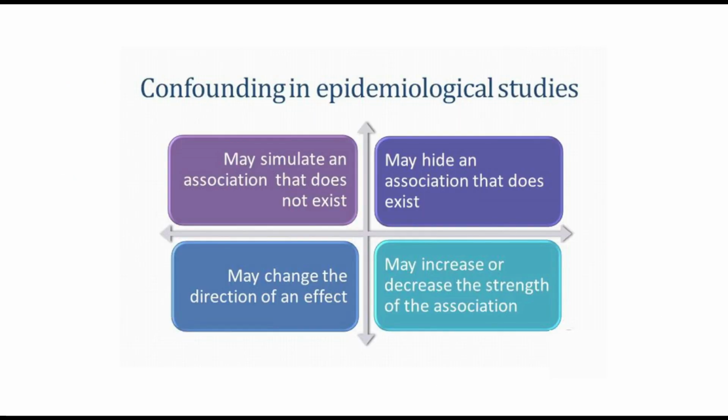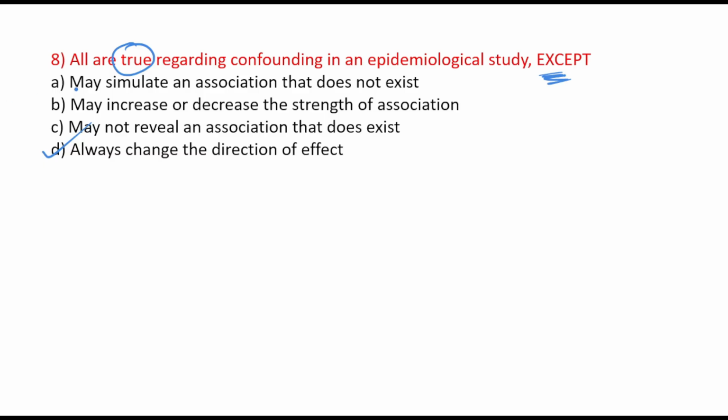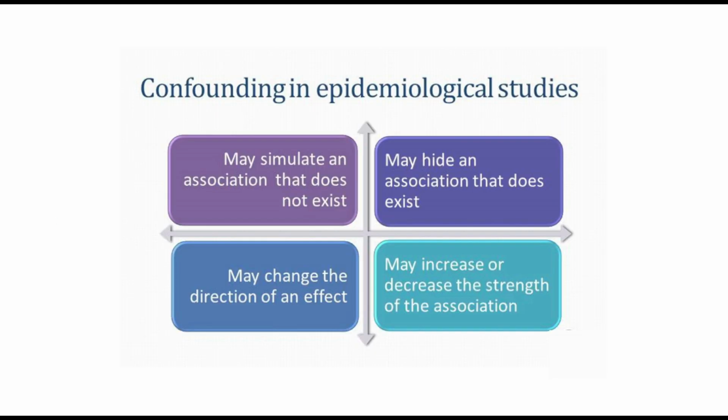See this information over here. This chart has to be kept in your mind. This is regarding confounding in epidemiological studies. In our question, let us see the statements. The first statement: confounding may simulate an association that does not exist. See over here, it may simulate an association that does not exist. So this is a correct statement.